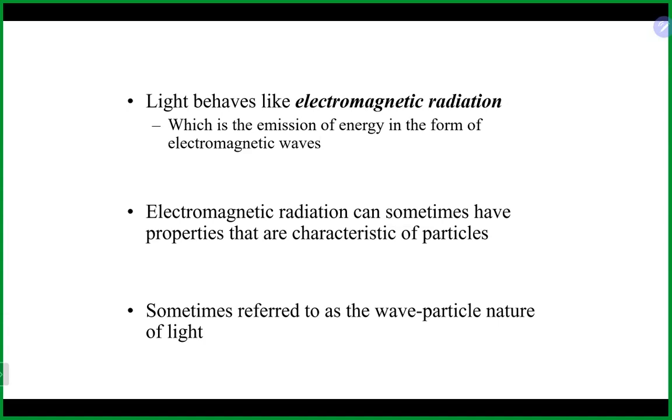So a lot of this dual nature of light can have a wave-like function and also a particle-like function as well. And it gives us some unusual properties of what we see, say, what happens with electrons around the nucleus.